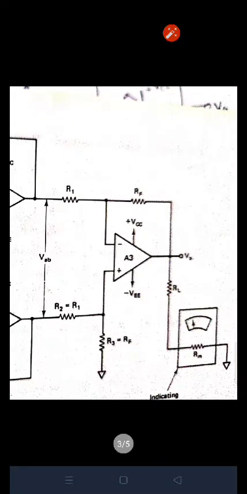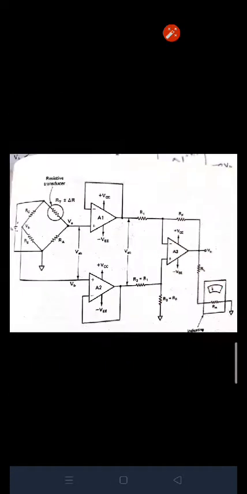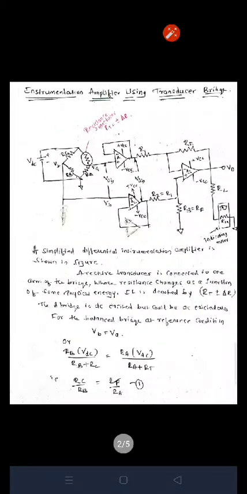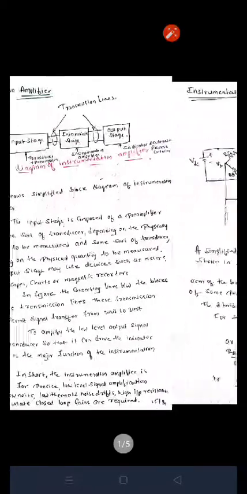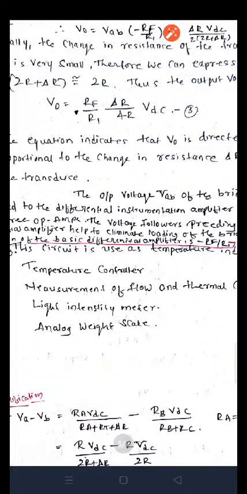As you know, the gain of the basic differential amplifier is minus Rf by R1, and therefore the final output voltage V0 is equal to VAB into minus Rf by R1.